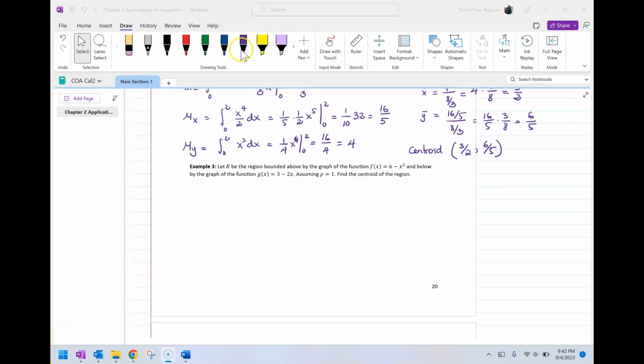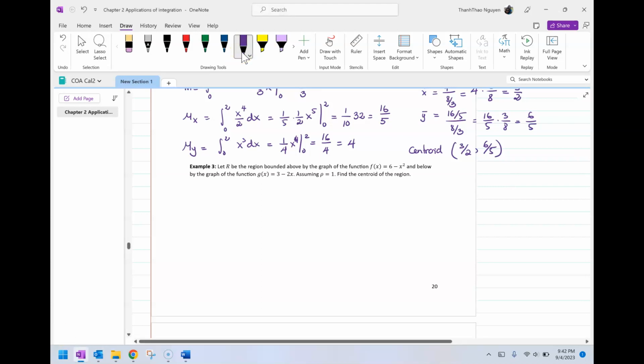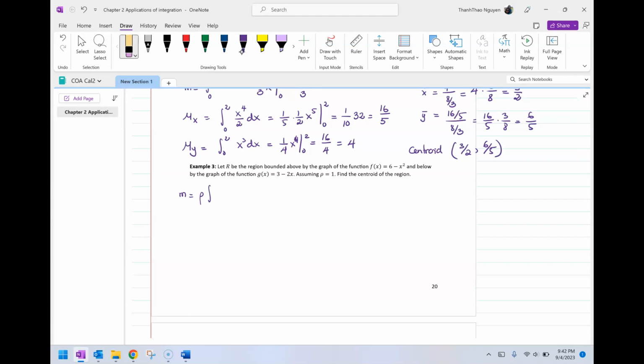We first need to find the mass of the lamina. So the mass is equal to rho times the integral from a to b of f of x minus g of x dx, assuming that f of x is the function that is above.